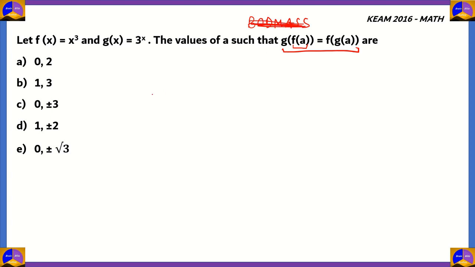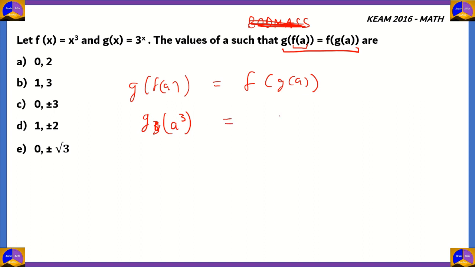So in this particular scenario, g of f of a equals f of g of a. So that's our condition. So f of a will be a raised to 3, so it's basically a cubed. g of a cubed will be equal to f of g of a, where g of x is 3 raised to x, so that is 3 raised to a.